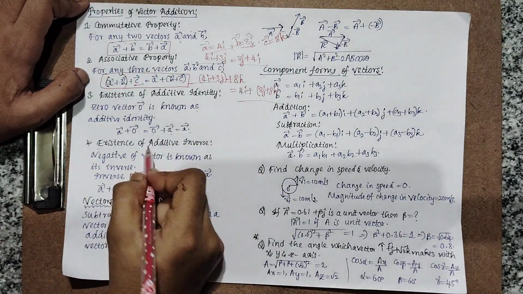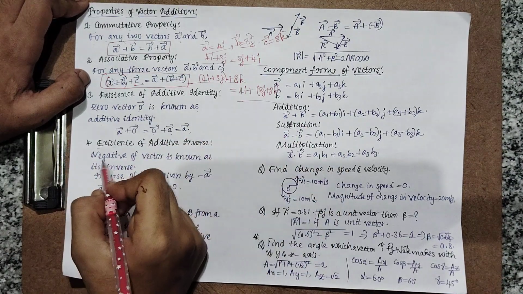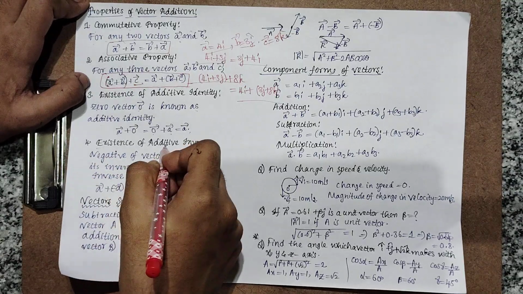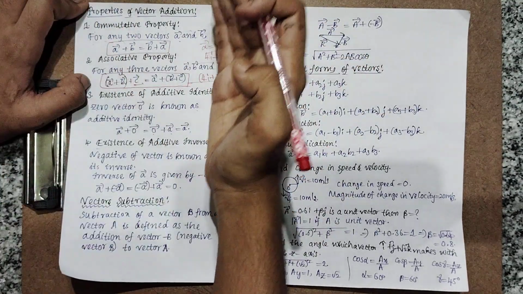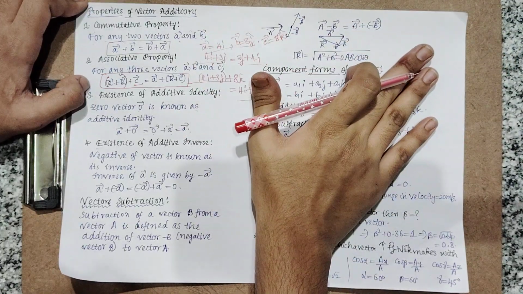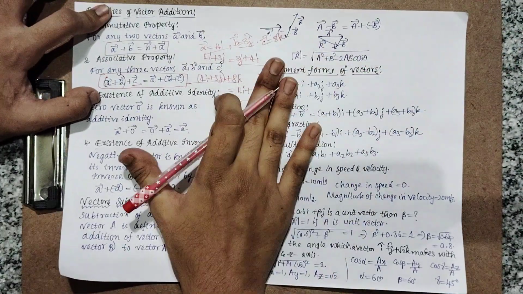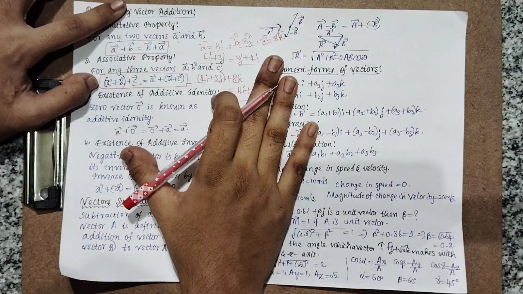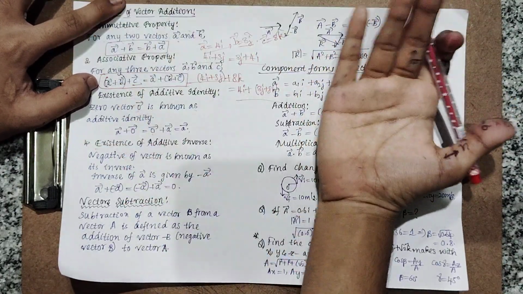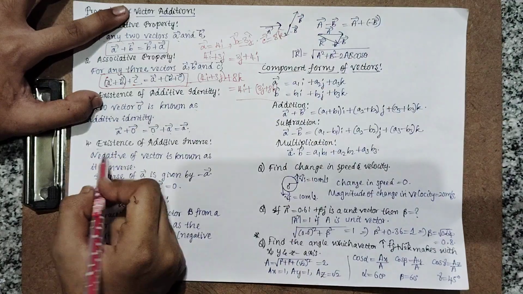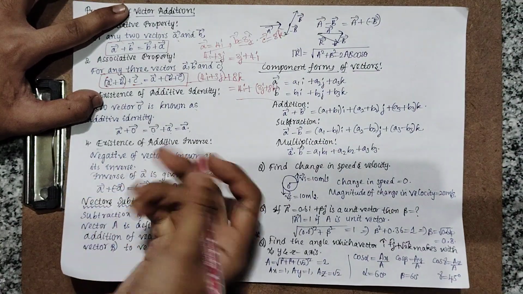And now existence of additive inverse. It means if we add something to a certain vector, its answer should become equal to 0. Let us say x bar is a vector. How can it become 0? By subtracting the same quantity from it. Yes, so the negative of a vector is known as its inverse.